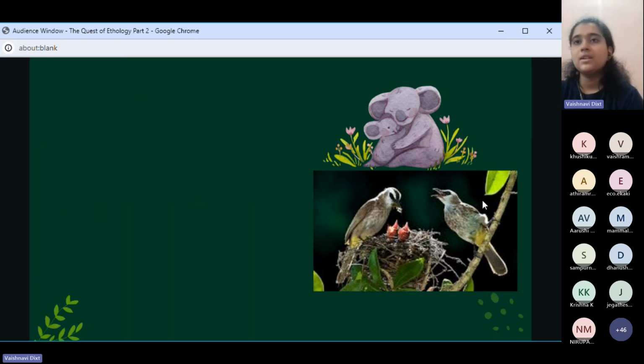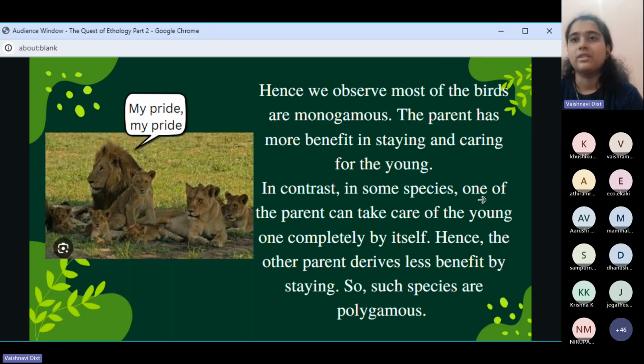But suppose now the other condition, where one of the parents is able to take care of the young one all by itself. Now the other parent derives less benefit by staying, and more benefit by mating with other females.